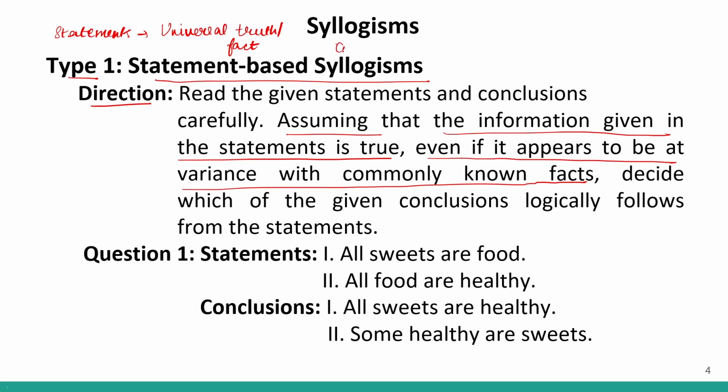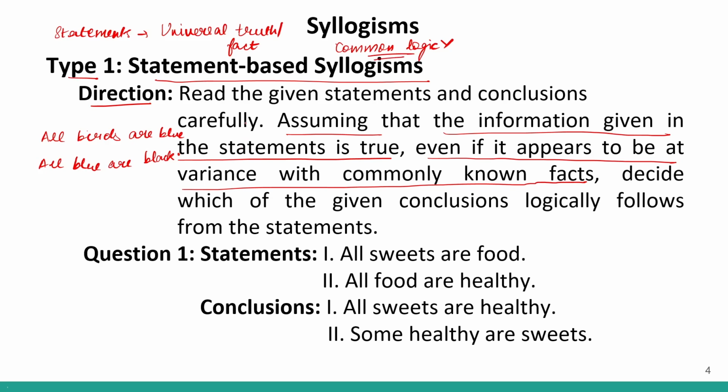For example, let's say the question is, all birds are blue, all blue are black. These kind of questions you get, we have discussed this already. Does this make sense in the real world? No, because there are certain birds which are of different colors, and blue and black are different colors. So how can all blue be black? So these kind of statements do not follow the common logic.